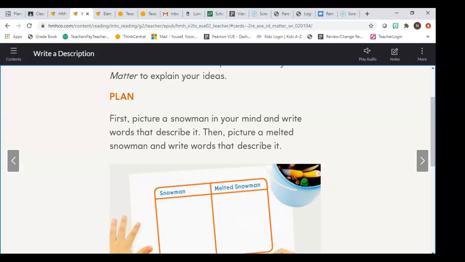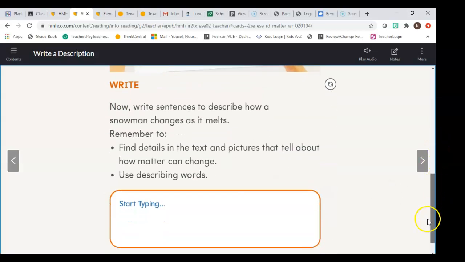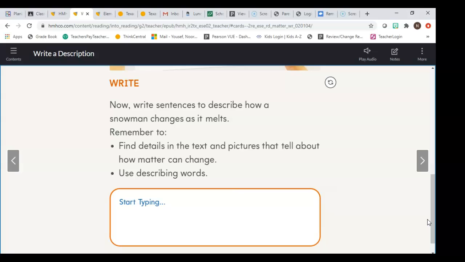Okay? So I'm going to give you a piece of paper and you're going to start doing that in just a second. My all-niners, you're going to do the same thing. When you're done making this list, you then are going to write a little paragraph describing how the snowman is different. After you make this list, you are going to describe how the snowman changes as it melts.